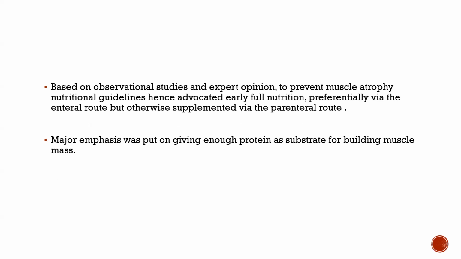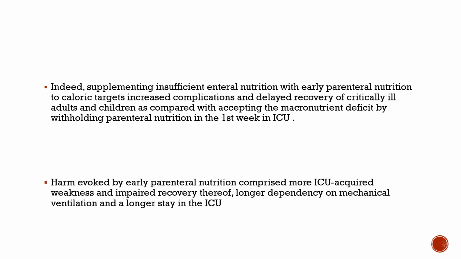Based on observational studies and expert opinion, to prevent muscle atrophy, nutritional guidelines hence advocated early full nutrition, preferentially via the enteral route but otherwise supplemented via the parenteral route. Major emphasis was put on giving enough protein and substrate for building muscle mass.